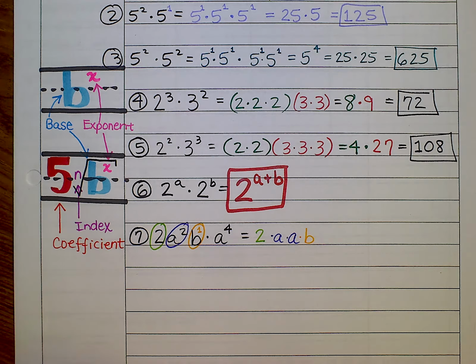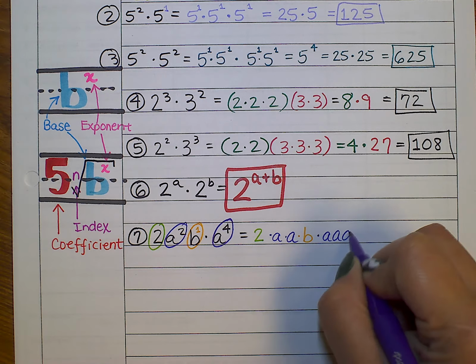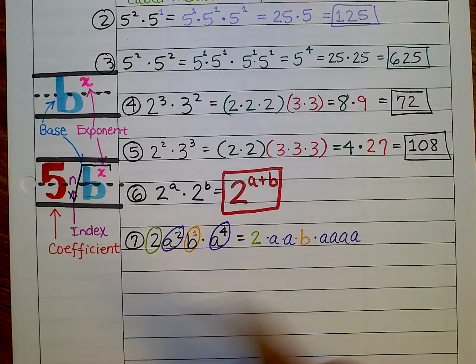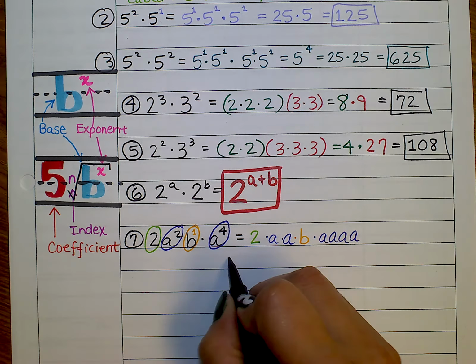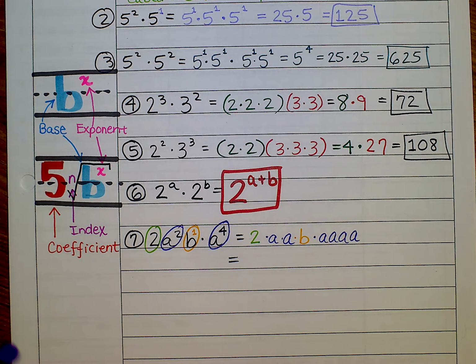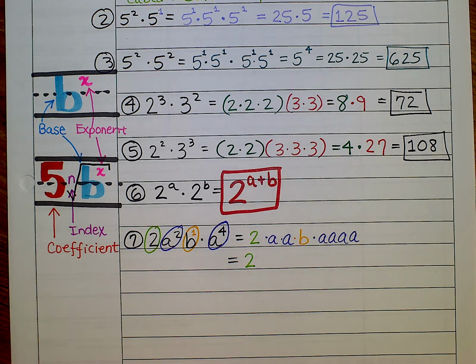And then we had again a to the fourth. Now, I didn't have to expand it. I could have used this new rule that we had made up. And I could have said 2, which is our coefficient, put that up in the front.